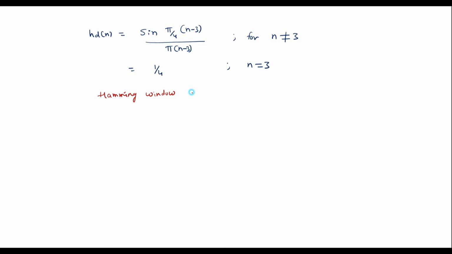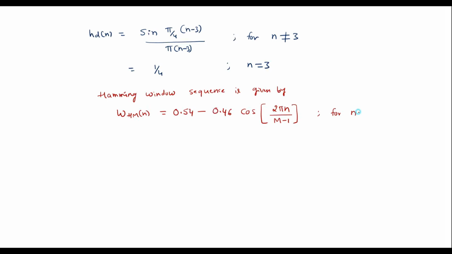The Hamming window sequence is given by hm of n is equal to 0.54 minus 0.46 cos of 2 pi n divided by m minus 1 for n is equal to 0, 1, 2 up to m minus 1, and its value is 0 otherwise.